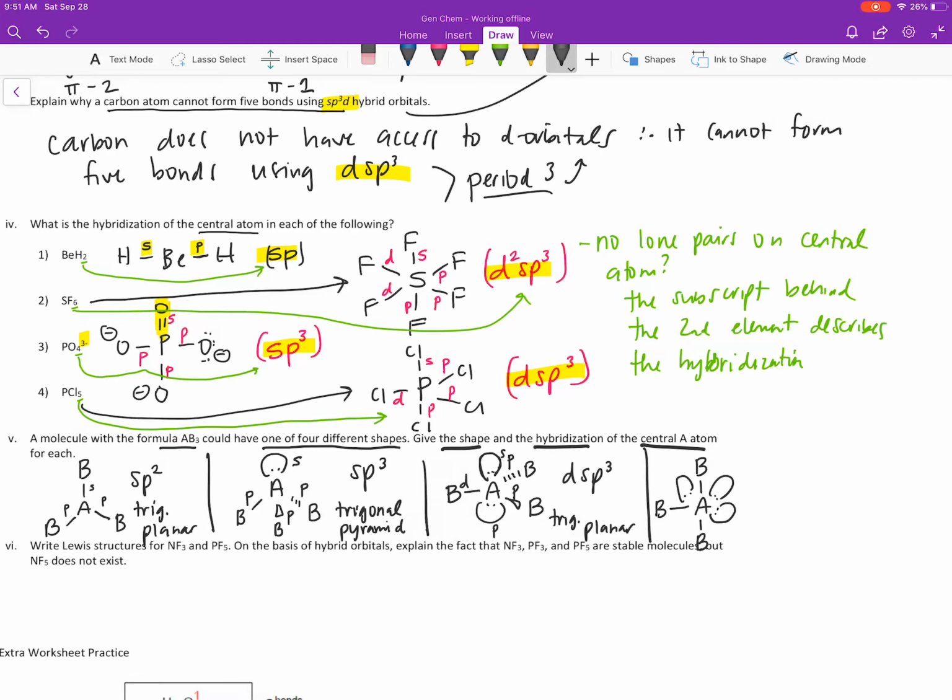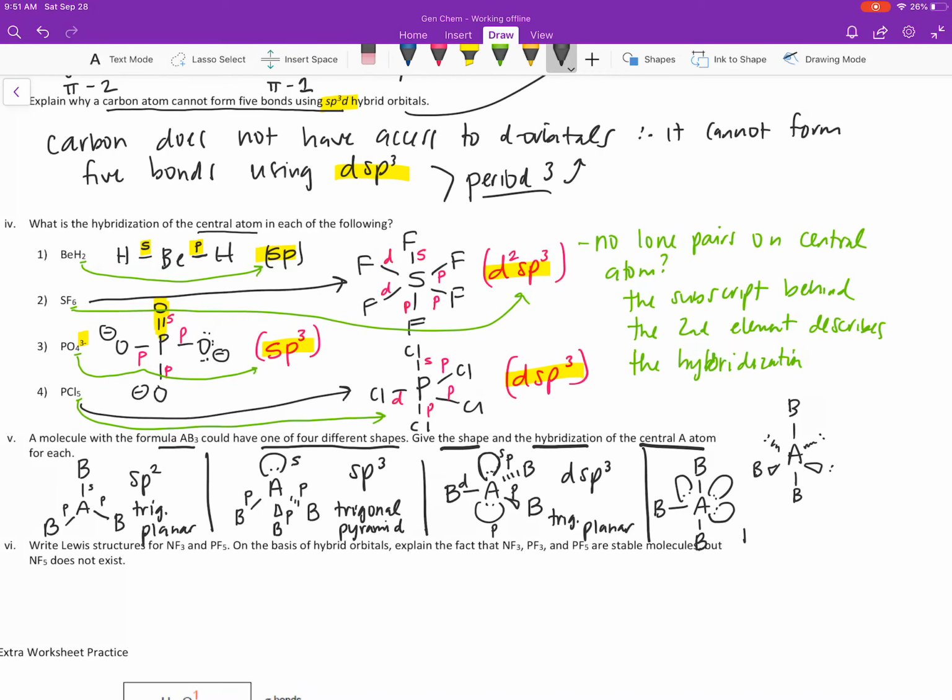So if we think about octahedral. Okay, so I put electron pairs here and here and here, and the B's are here. Okay, so this is called T-shaped, but it is s, p1, p2, p3, d1, d2 hybridized, which is d2sp3 hybridized.